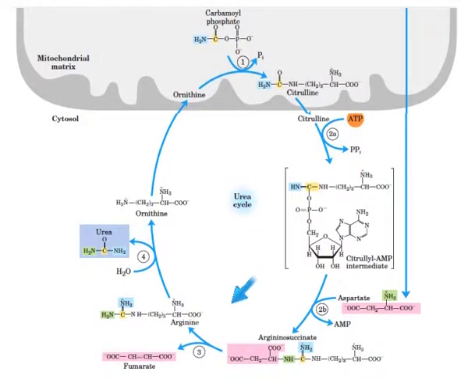Arginosuccinate is again split into a molecule called fumarate, which joins the citric acid cycle, and the remaining molecule is arginine. It is an amino acid. Now, arginine again gets split into urea, which is excreted, and it regenerates back the ornithine to combine with another molecule of carbamyl phosphate within the mitochondrion.